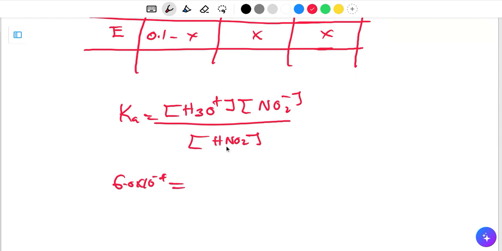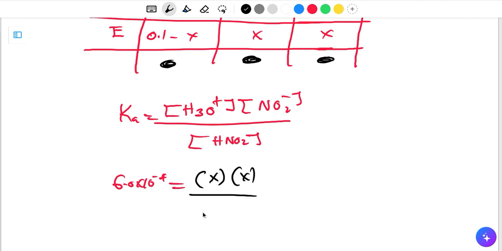So here we are going to focus on the equilibrium part. What do we have at equilibrium? This is nitrous acid, this is the hydronium ion, and this is the nitrogen oxide ion. So for hydronium ion and nitrogen oxide ion, we just have x times x.